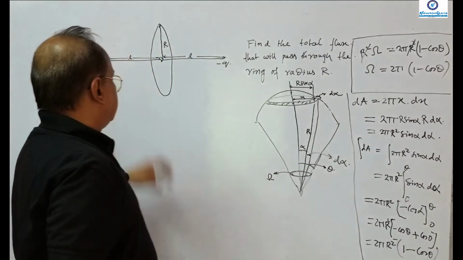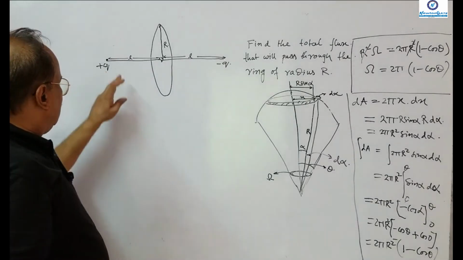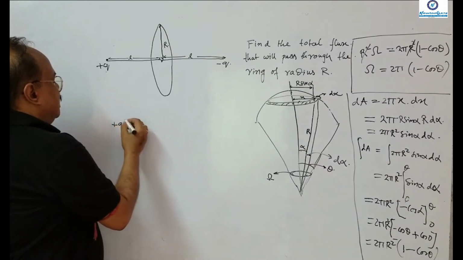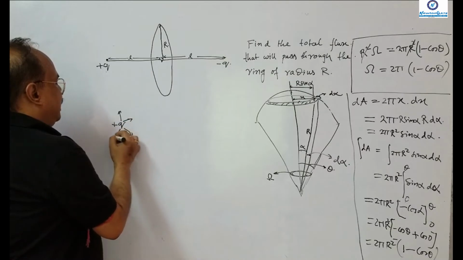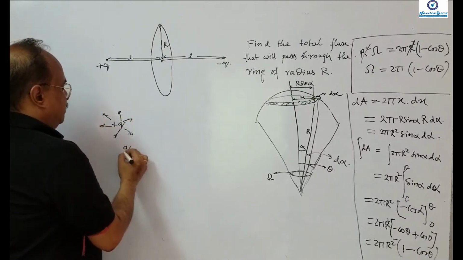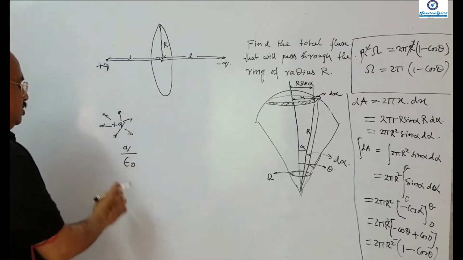So let's do it. For this positive plus q, the total flux emerging out of it is equal to Q by epsilon naught.